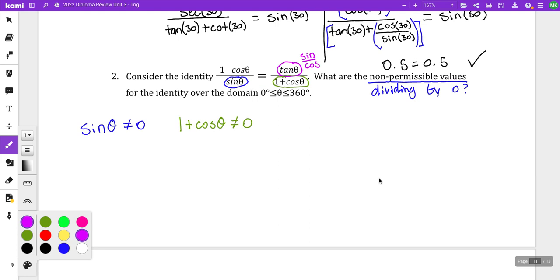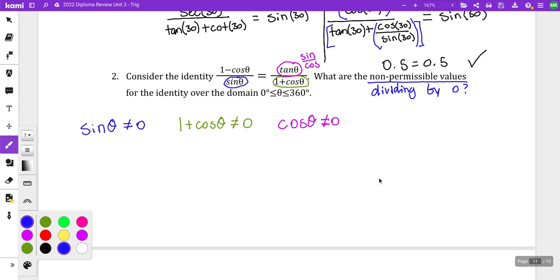That means cos theta cannot equal 0. Remember that tangent has lots of non-permissible values. Like our tangent mother function, there's all those vertical asymptotes. Those are non-permissible values. The reason those exist is because tan is really sine over cos. That means cos cannot equal 0. You're going to solve all three of those things.